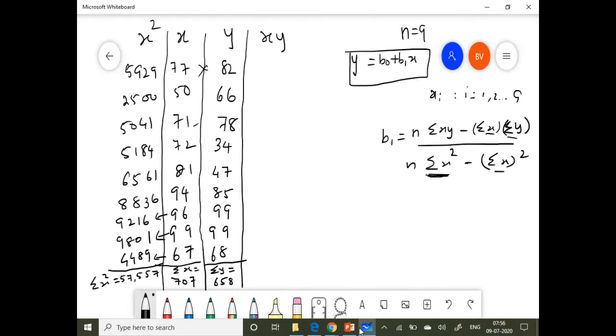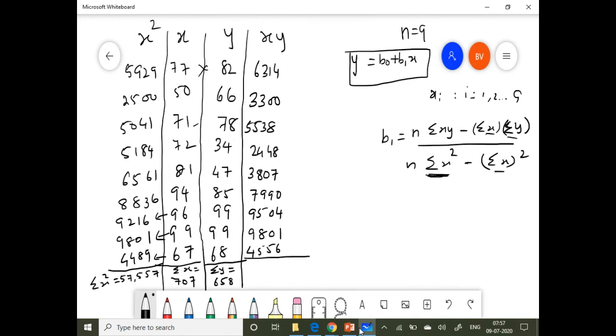Xy, multiply x and y. 77 into 82, 6314. 50 into 66, 3300. 71 into 78, 5538. 72 into 34, 2448. 81 into 47, 3807. 7990. 9504. 9801. 4556.